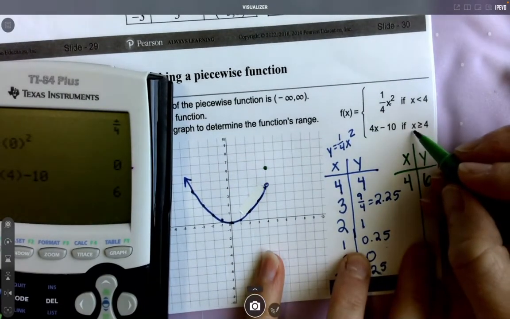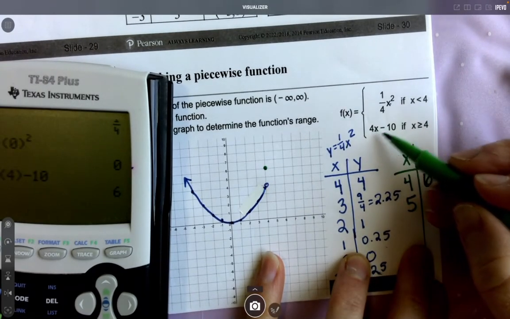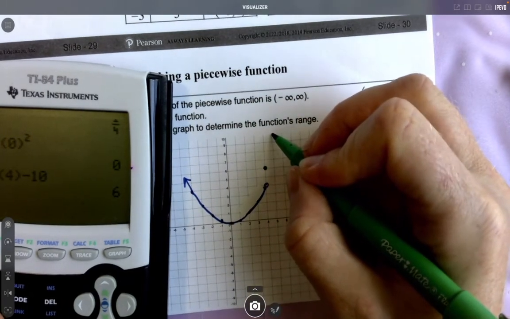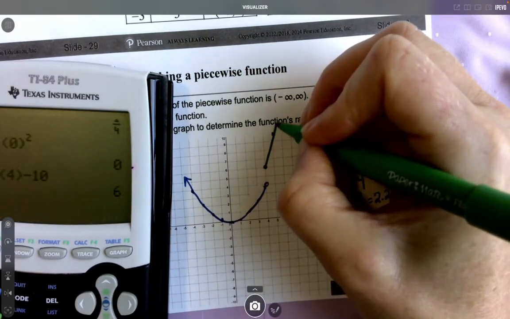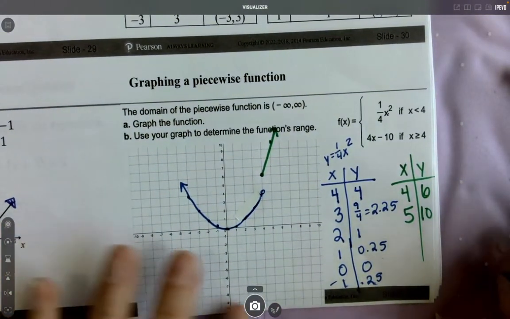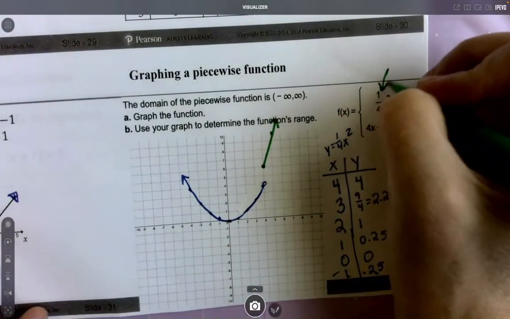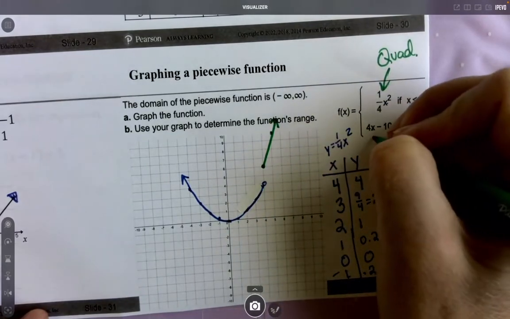Greater than or equal to 4. So we'll go 5. 4 times 5 is 20 minus 10 is 10. So 5, 10. So this is a linear function, so it's going to go up like this. So this is what the function is going to look like. This part is quadratic because it has a squared. This part is linear.